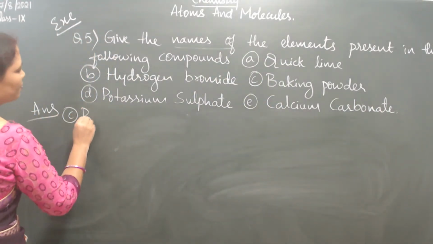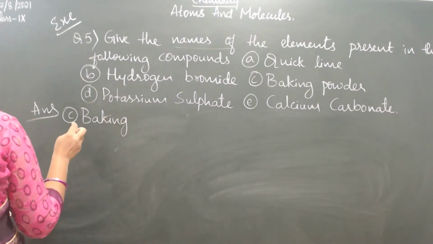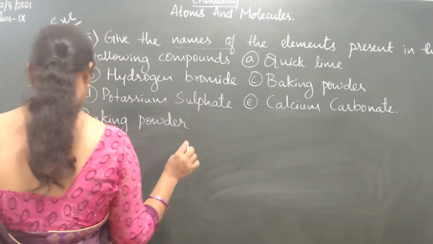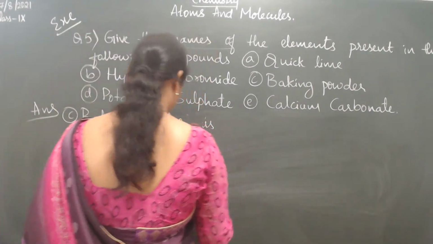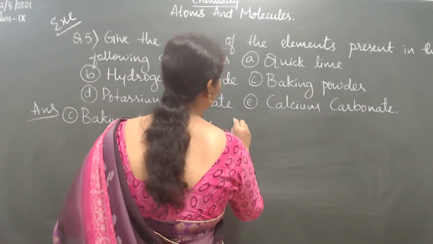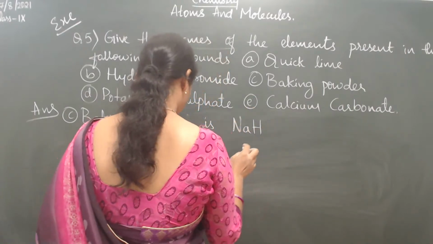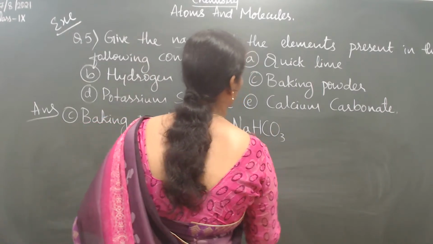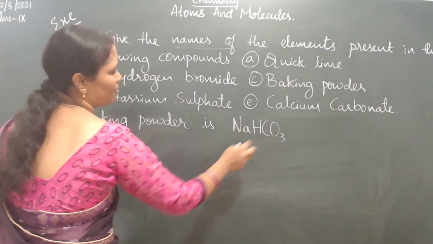Baking soda. What is this baking soda? Washing soda? Baking soda. The chemical formula for baking soda is NaHCO3. Okay. Sodium bicarbonate.